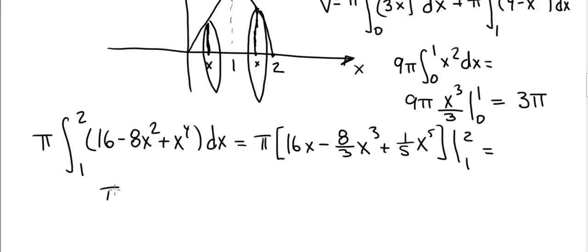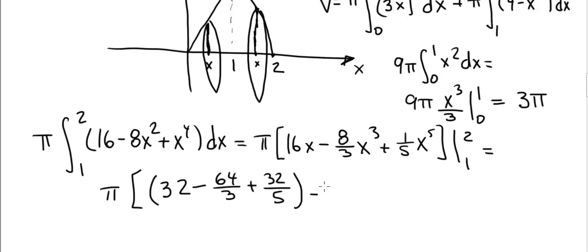So this is pi times, when we plug in 2 we get 32, and then for the cubed term we get 64 thirds. So it's 32 minus 64 thirds plus 32 over 5, minus 16 minus 8 thirds plus 1 over 5.